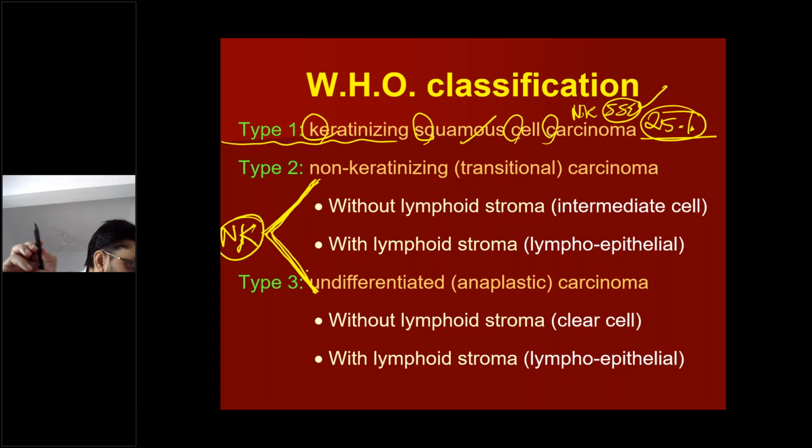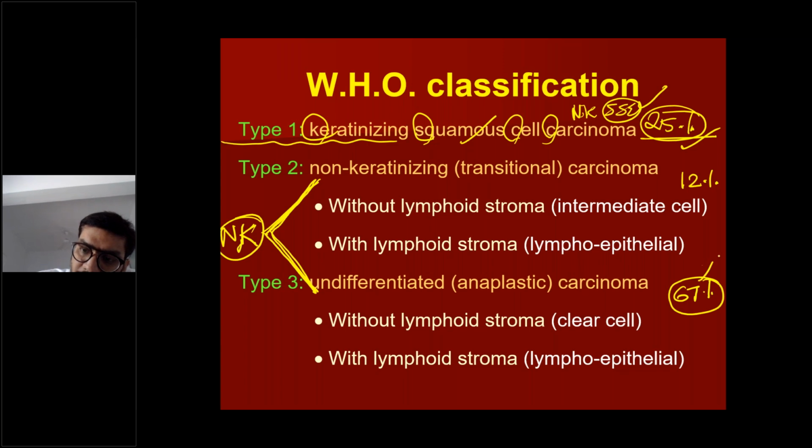Type 1 is keratinizing, that is squamous cell carcinoma, 25%, and then type 2 is 12%, and type 3 is the most common, that is 67%. So 25%, 12% and 67%. Type 3 is most common.